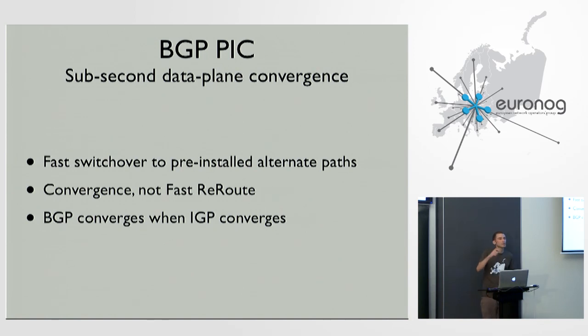Okay? We're talking about convergence, not fast reroute. So it's not about transiently encapsulating traffic along a pre-established path to finally reconverge to the optimal path. No, it's about installing the post-convergence path right away in the router before the failure.